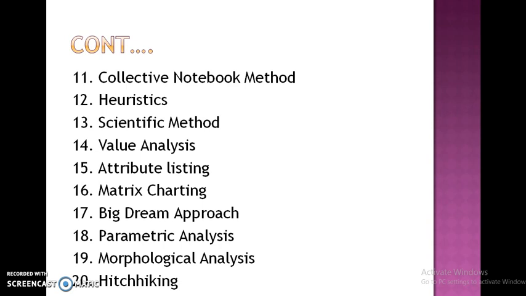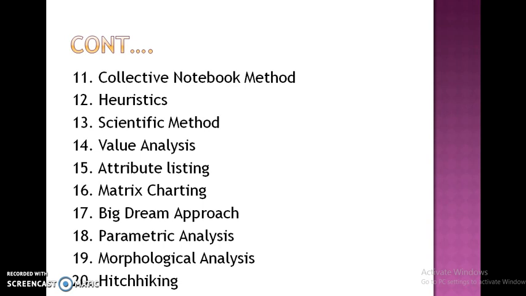Matrix charting is a systematic method of searching for new opportunities by listing important elements for the product area along two axes of a chart and then asking questions regarding each of these elements. The answers are recorded in the relevant boxes of the matrix. For example, questions that can elicit creative new product ideas include: what can it be used for?